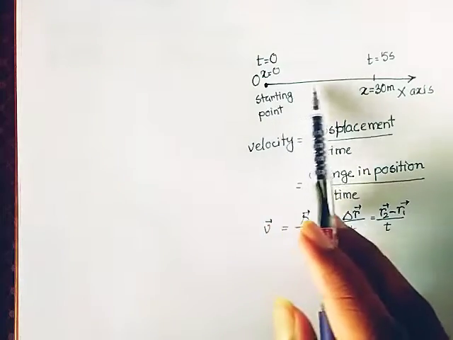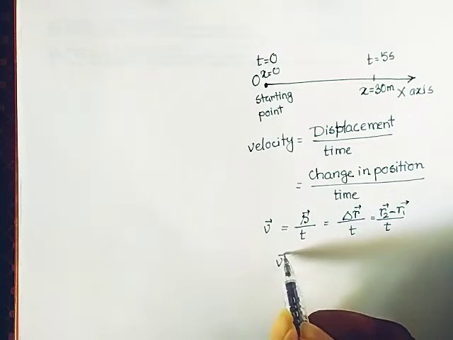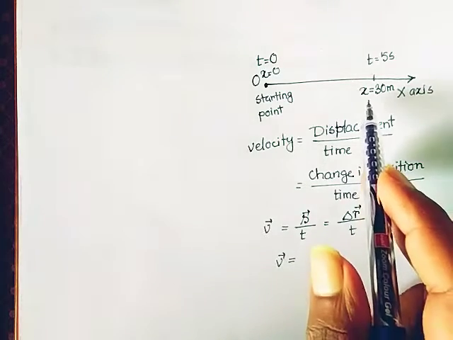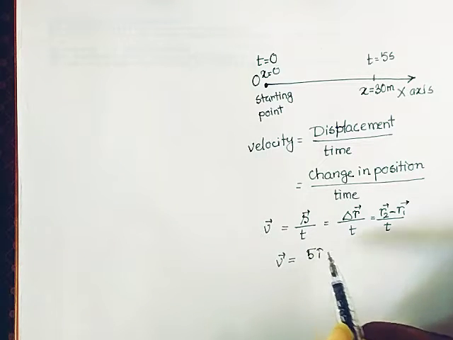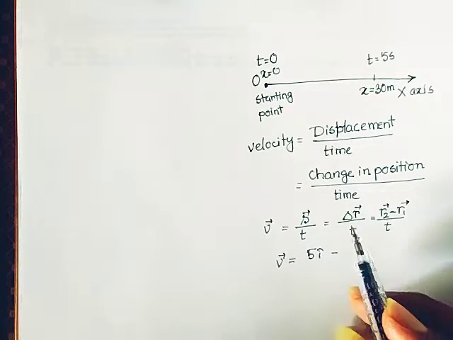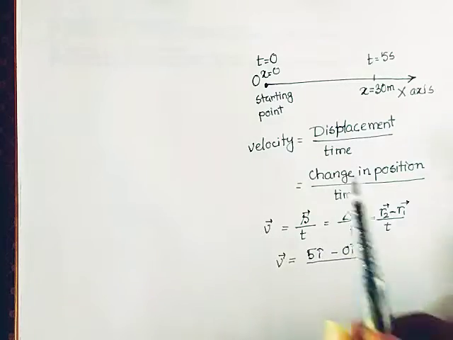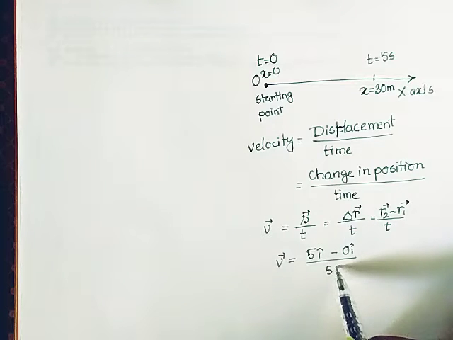Since the particle is moving along this direction, if I want to calculate the velocity here, it is somehow like this: the final position, if I want to denote it, will be 5 i cap, and R1, the initial position, is 0 i cap, and the time elapsed in moving from here to here is 5 seconds.